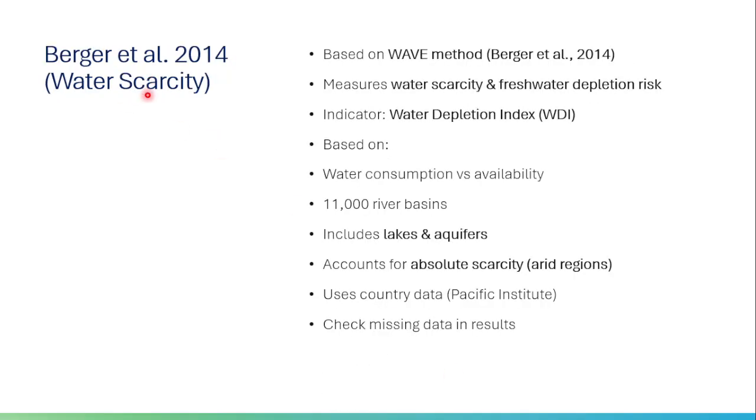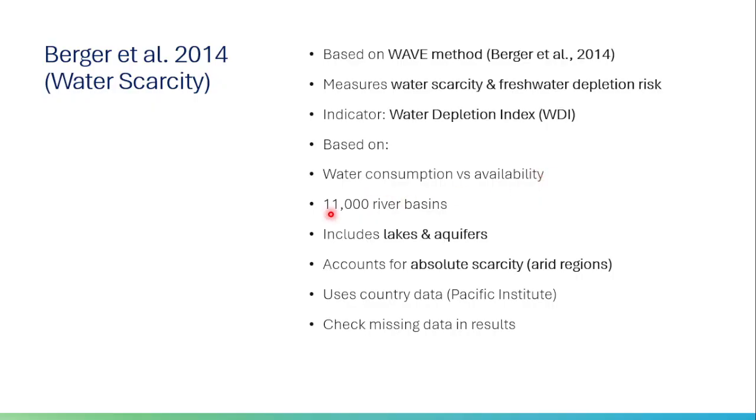Another methodology about water scarcity is Berger et al., developed in 2014. This methodology is based on the WAVE method, which was also developed by Berger et al. in 2014. This method measures water scarcity and freshwater depletion risk. Its indicator is the water depletion index, WDI, based on water consumption versus availability.